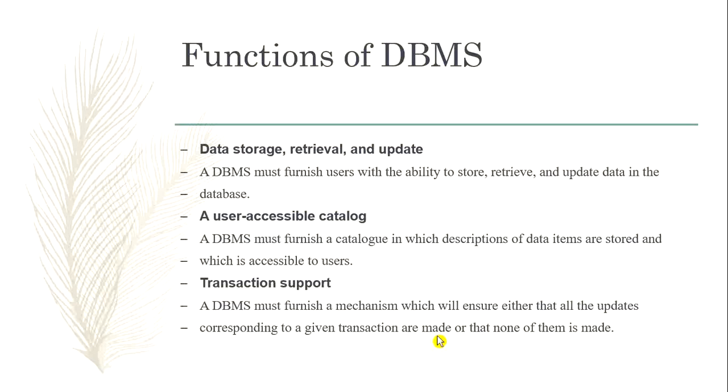The changes are made in some places while in other places the changes are not made because of a failure in the system or any other reason. So the DBMS should provide a way so that your database can recover back to the state it was in before the transaction.